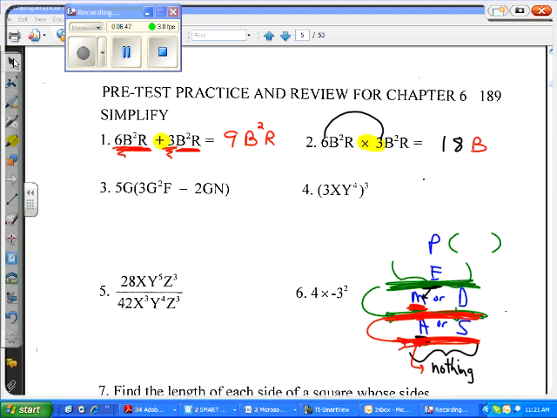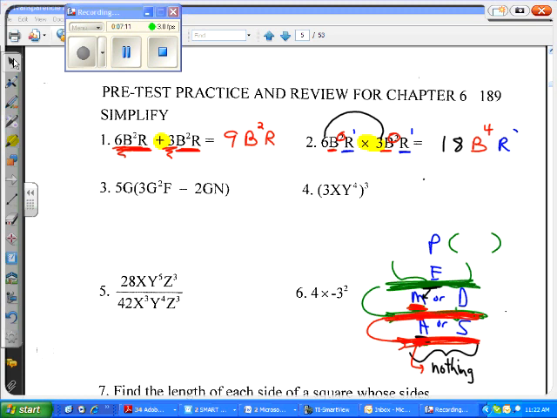And when you multiply with like bases, that means B's with B's and R's with R's, you add the exponents. So we'd get b to the 2 plus 2, b to the 4th. And then to our r's, when you multiply with like bases, you add the exponents.